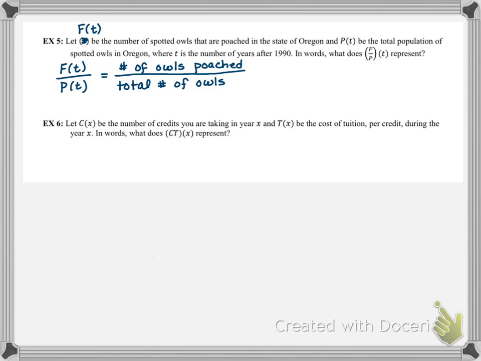Yeah, it's like the percentage of owls that are poached, right? So a percentage or the ratio or the fraction of owls that are poached. So we're just looking at a portion of the whole.